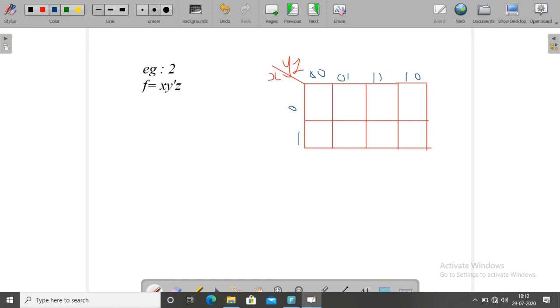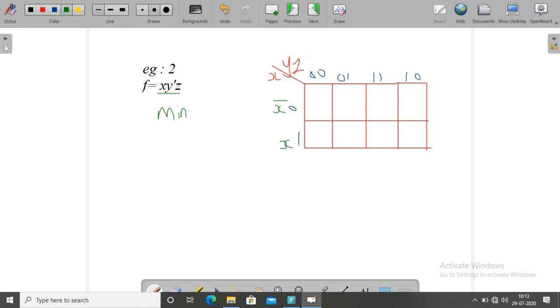And this x y dash z is a minterm, because it is a product of literals: x into y dash z. If it is a minterm, a 0 should be negated, so for x, 0 means we take the complement, x dash, and here x.